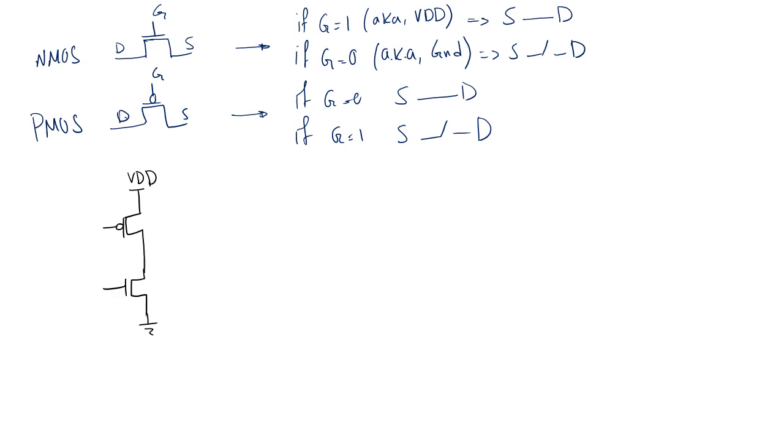The gates of the two transistors are also connected to each other. I'm going to call that input, and the drains that are connected to each other, I'm going to call that output.